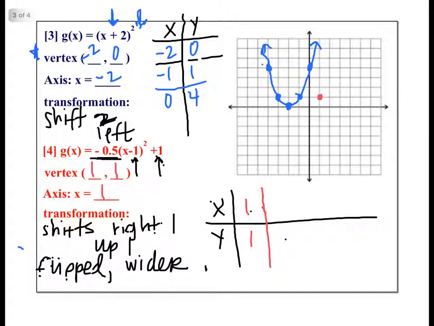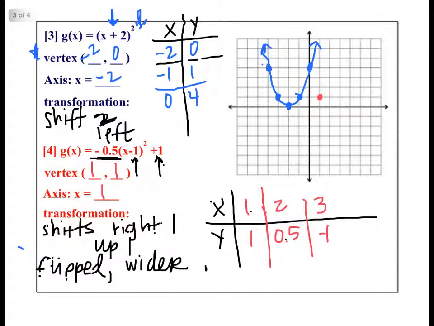So now I'm going to pick a point to the right. So I'm going to plug in x is 2. Well, if I do that in parentheses, 2 minus 1 is 1. 1 squared is 1. 1 times negative 0.5 is negative 0.5. Plus 1 is a half. I'm going to keep going and try 3. 3 minus 1 is 2. 2 squared is 4. Negative half of 4 is negative 2. Plus 1 is negative 1.